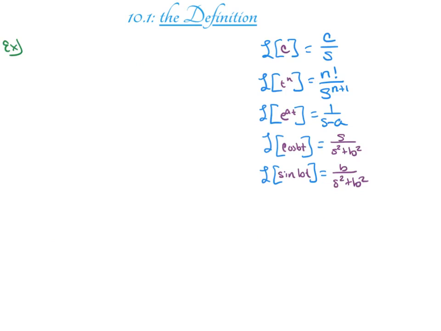So for this next example, let's find the Laplace transform for f of t given by 3 e to the negative 2t plus 7t to the 4th minus 6 plus 2 sine of 3t.